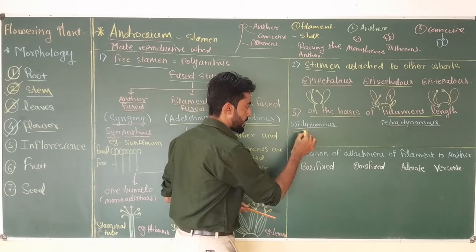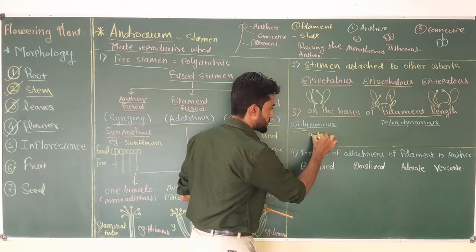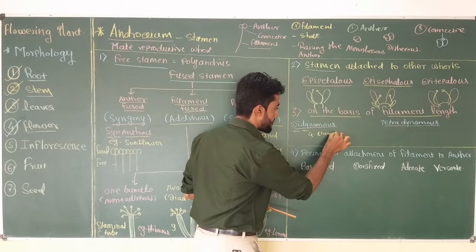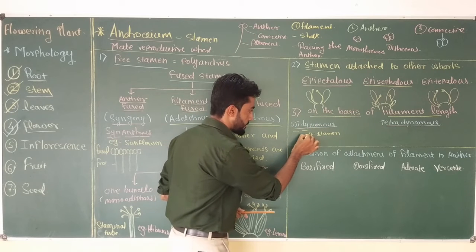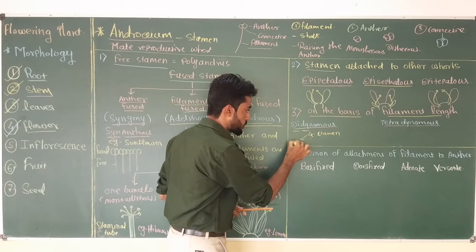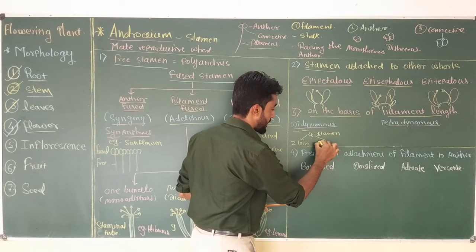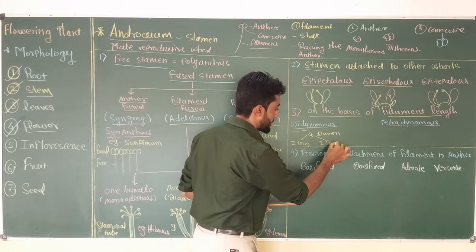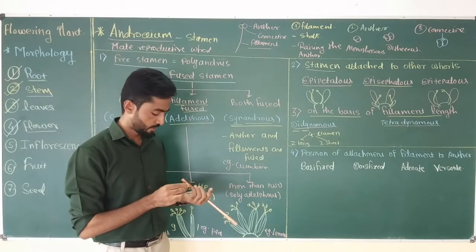That means this type of flower has a total of 4 anthers or 4 stamens, out of which 2 stamens have long filaments and 2 stamens have short filaments. So it is called the didynamous type of androecium.